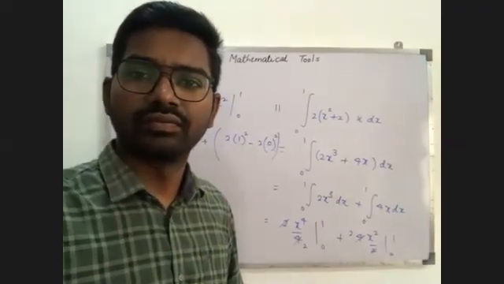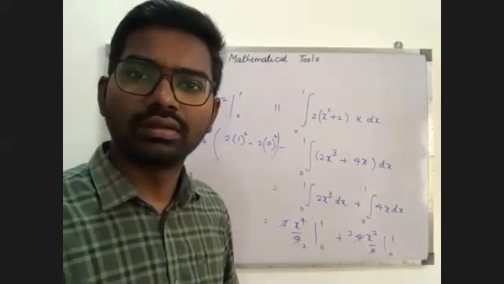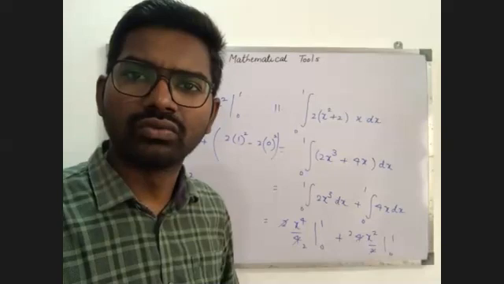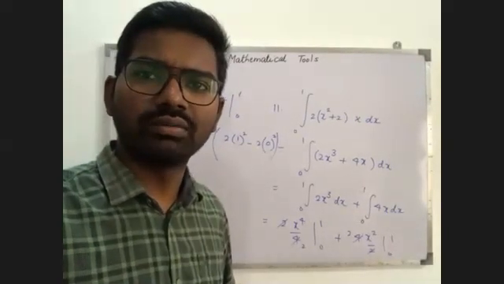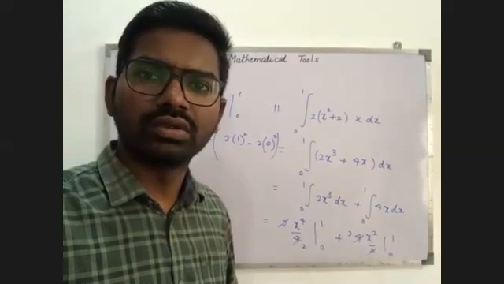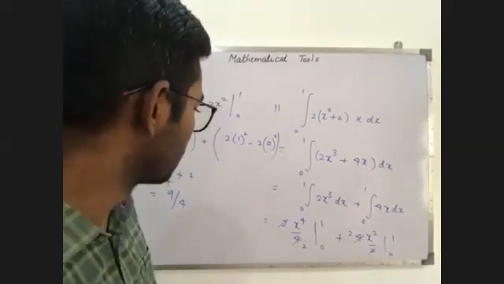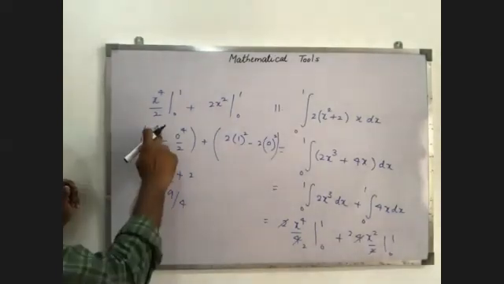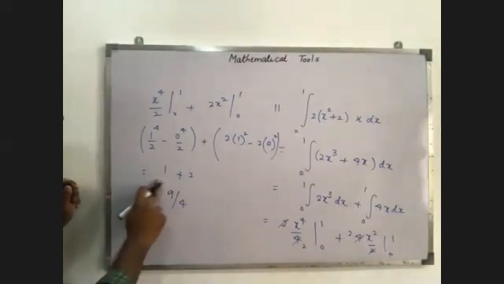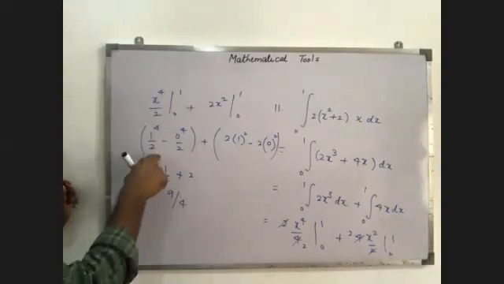There is 1 by 2, where by substitution I am getting 1 by 2. How 1 by 4? Okay, guys, look here. It is 1 by 2. Here, this is 1 by 2.